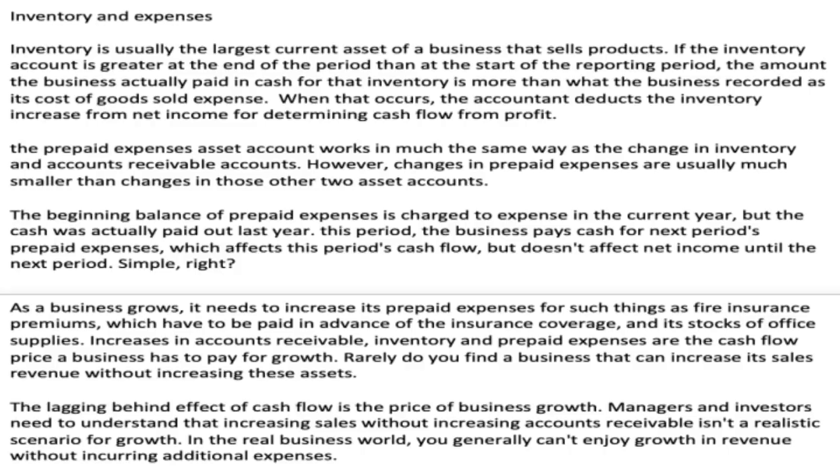The beginning balance of prepaid expenses is charged to expense in the current year, but the cash was actually paid out last year. This period, the business pays cash for next period's prepaid expenses, which affects this period's cash flow, but doesn't affect net income until the next period. Simple, right?